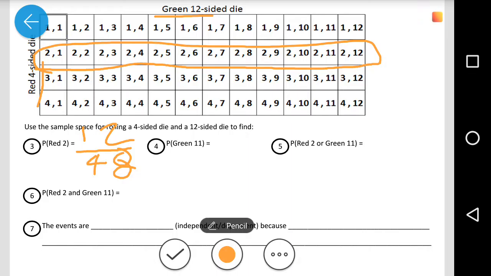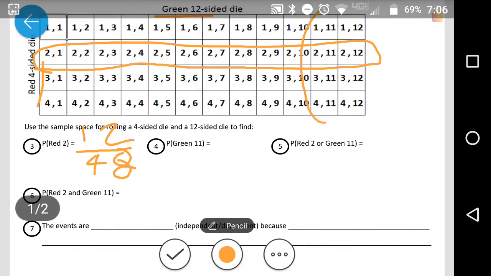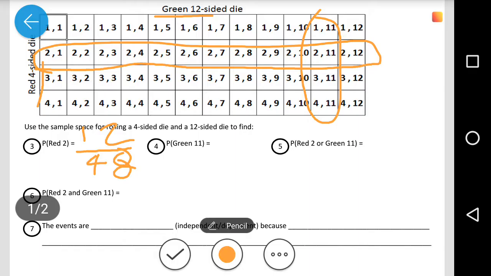Probability of a green 11, that is these right here. There are a total of 4 of those. So for the probability of green 11, I'll have 48 possible outcomes, and 4 of them have a green 11.